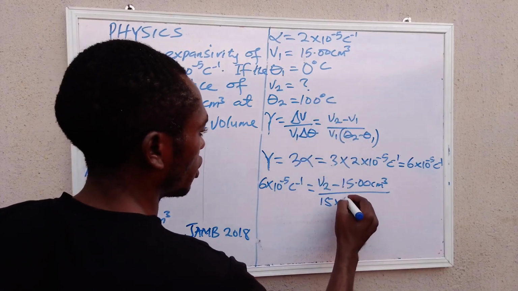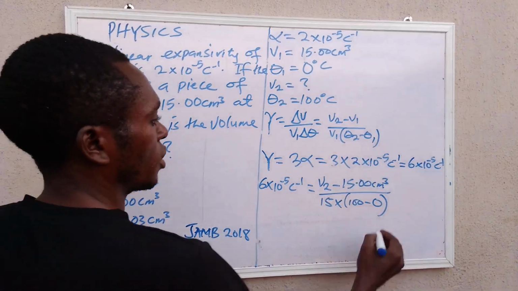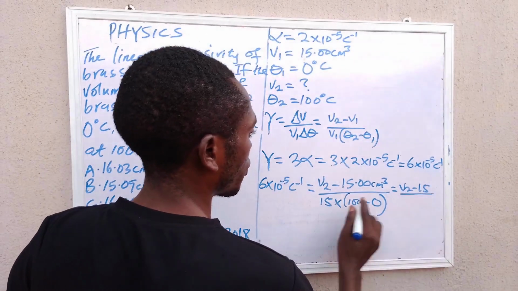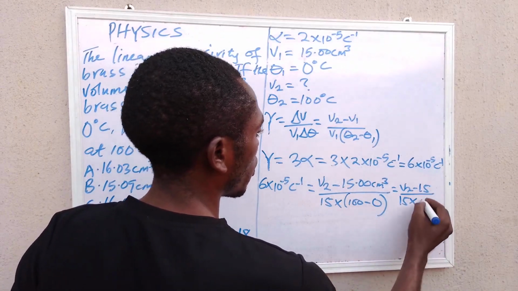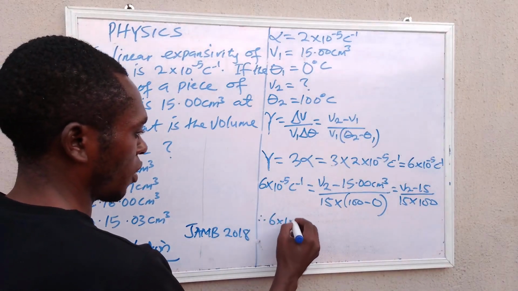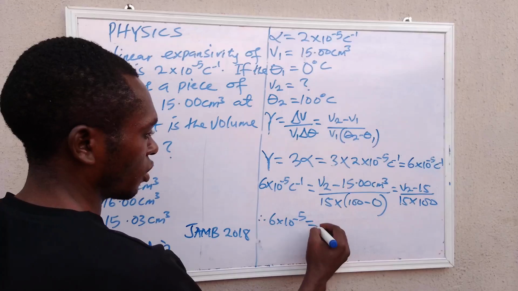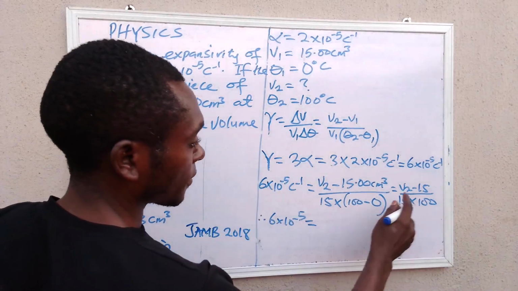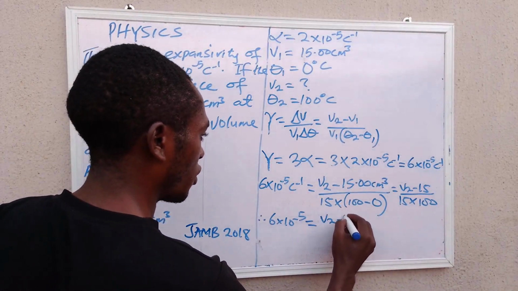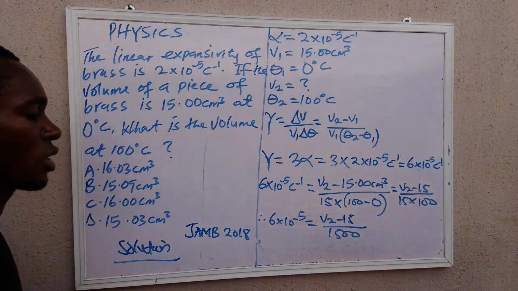Theta 2 is 100, so we have 100 minus 0, which is theta 1. This gives us V2 minus 15 over 15 times 100. Ignoring the unit, 6 times 10 to the power of minus 5 equals V2 minus 15 over 15 times 100, which is 1500.